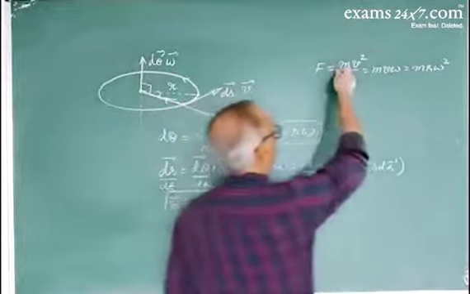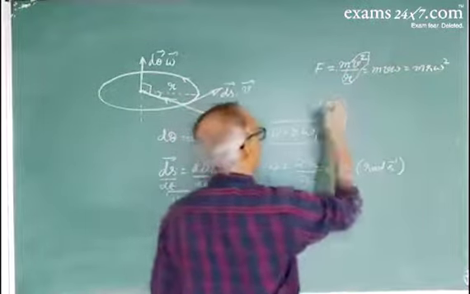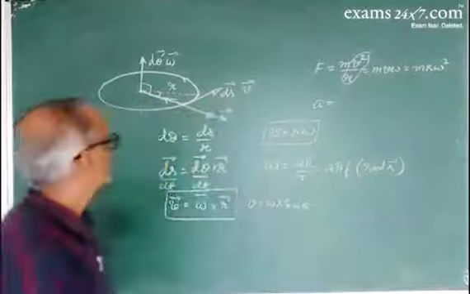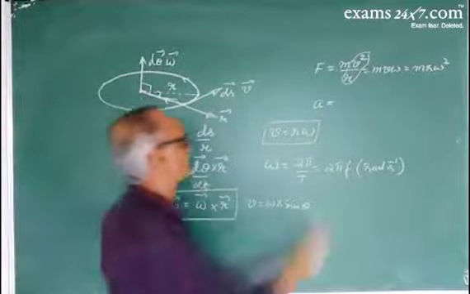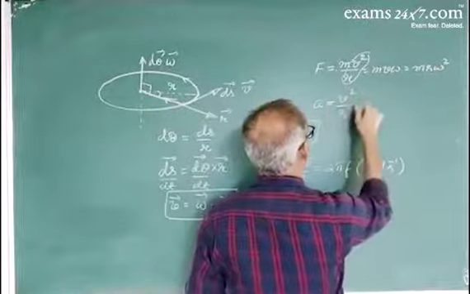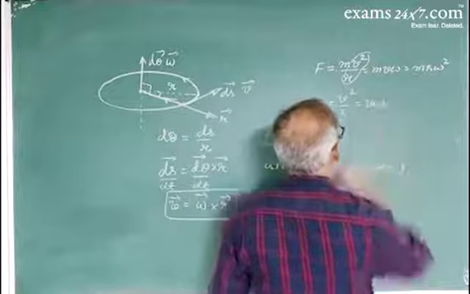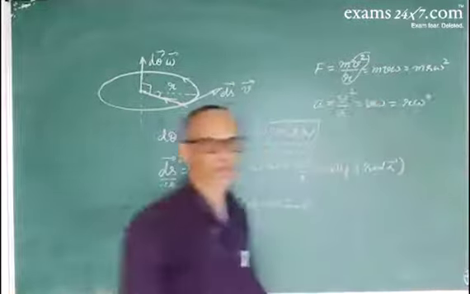So the rest of the term has to be the acceleration, and that acceleration is called centripetal acceleration. Even that acts along the radius toward the center of the circular path, which is given by a is equal to v square by r is equal to v omega is equal to r omega square.